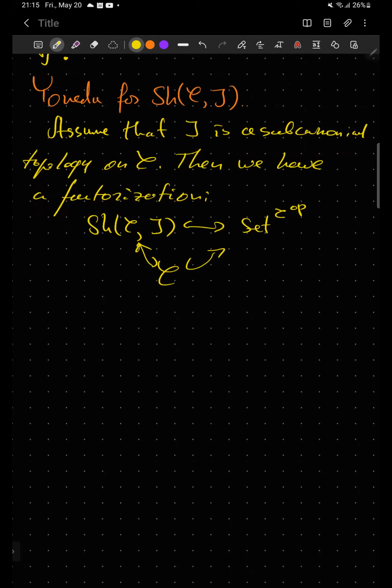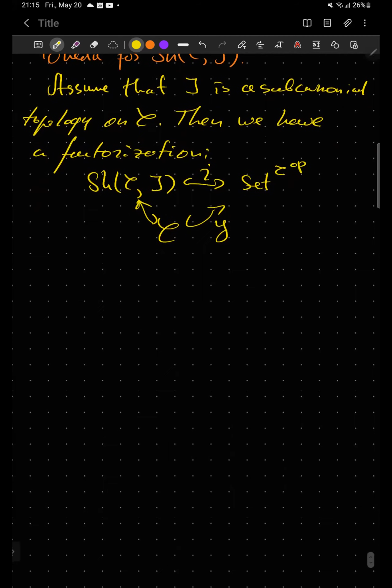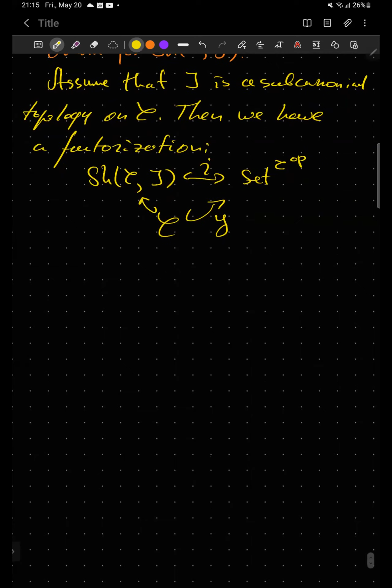However, this is the unit embedding, this is the embedding of sheaves into presheaves, and this is the factorization which comes from the fact that the topology is subcanonical.